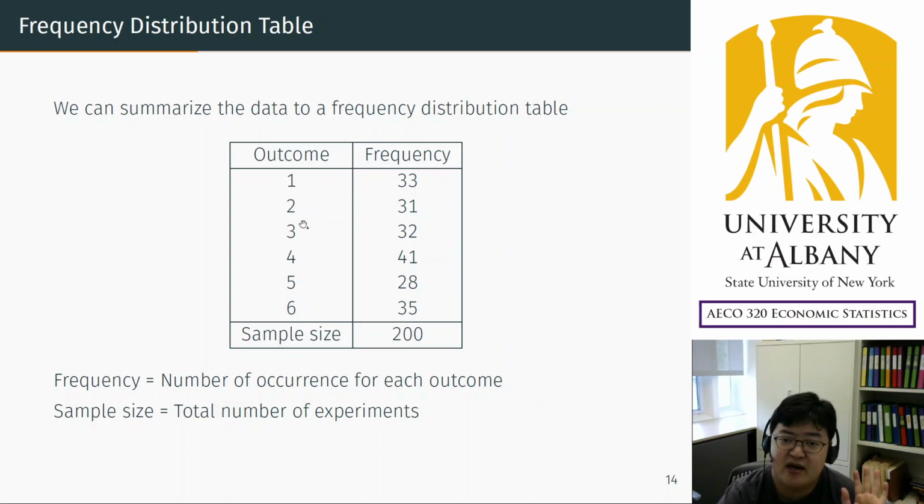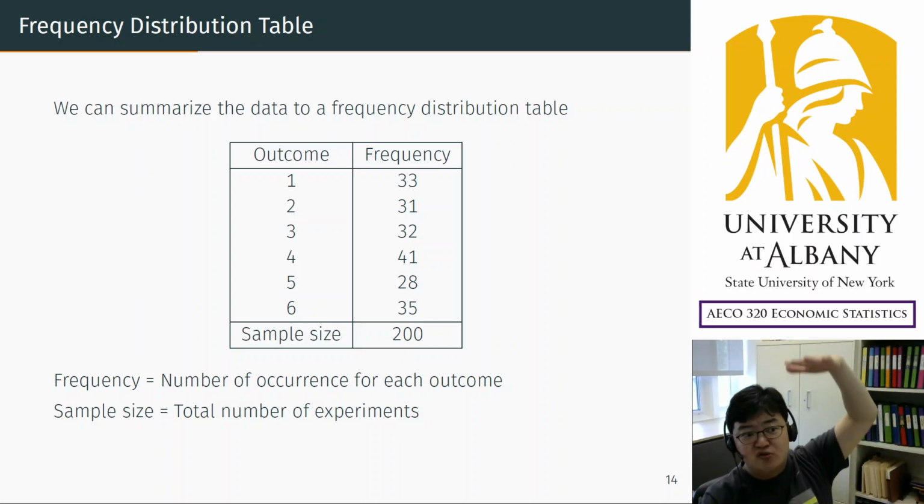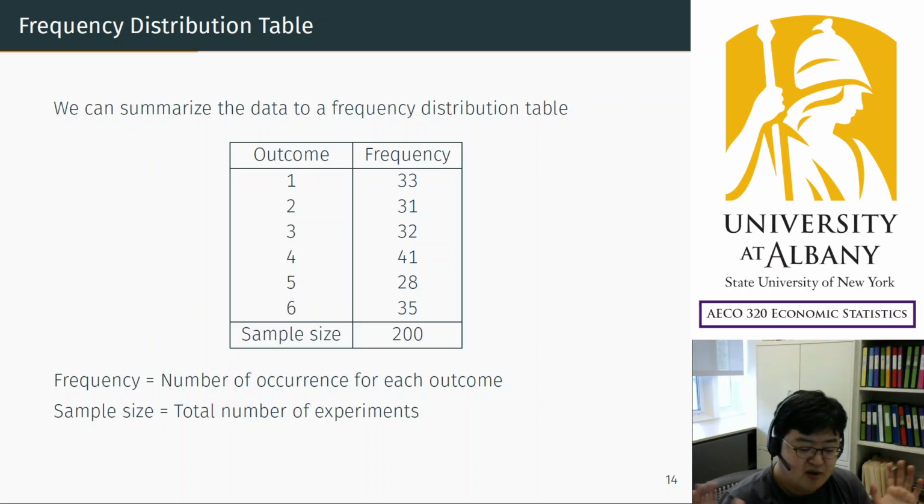Because there are 6 possible outcomes, there are 6 frequencies you calculated, and the sum of them must equal the total number of experiments, obviously, right? So this is a simple summary. You change 200 numbers into 6 numbers. So it's a very efficient way to present the data, right?